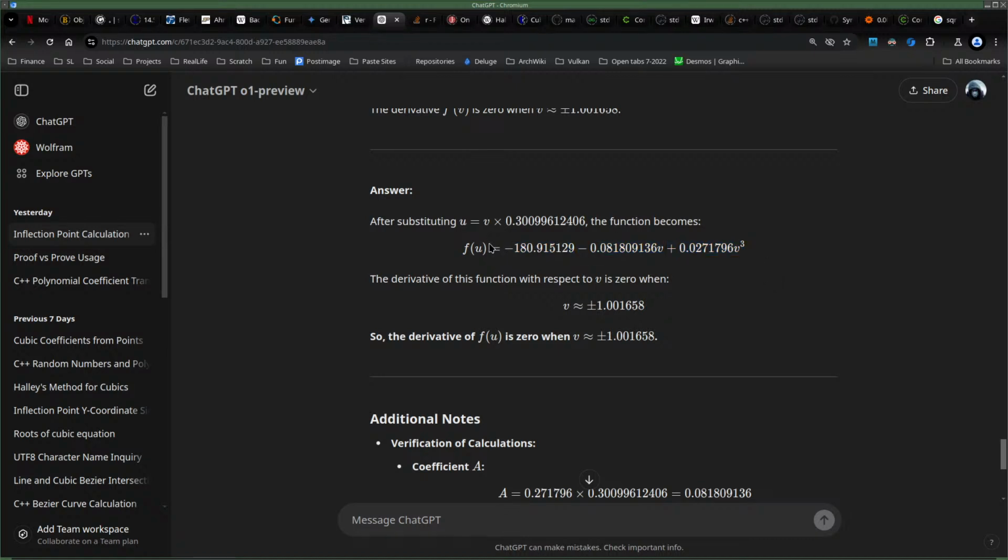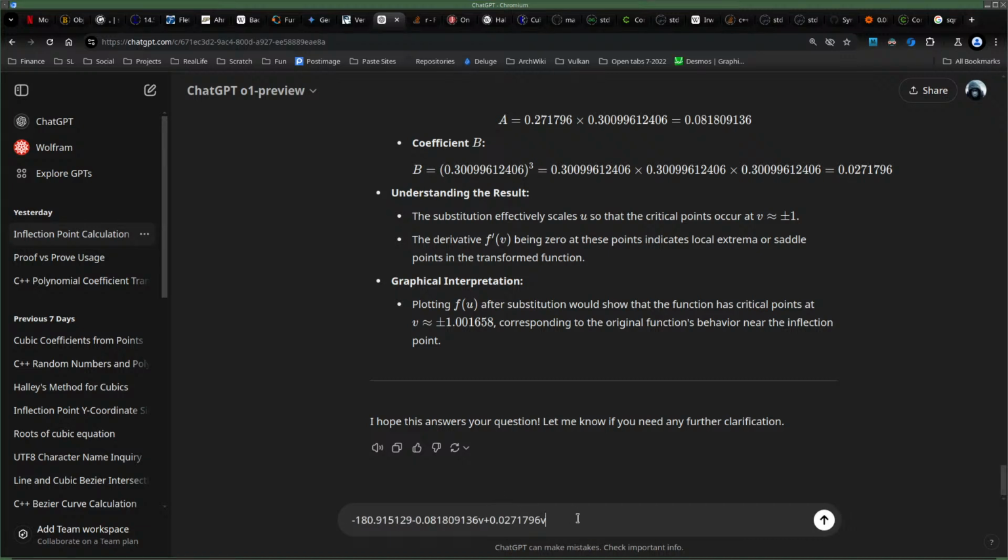Okay, so I want this then to be divided by that number. Okay, and I don't know, let's copy it like that. It's probably absolutely horrible. No, not even. V plus that times v to the power 3.